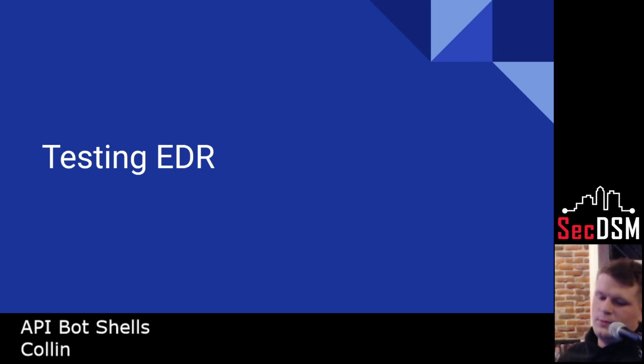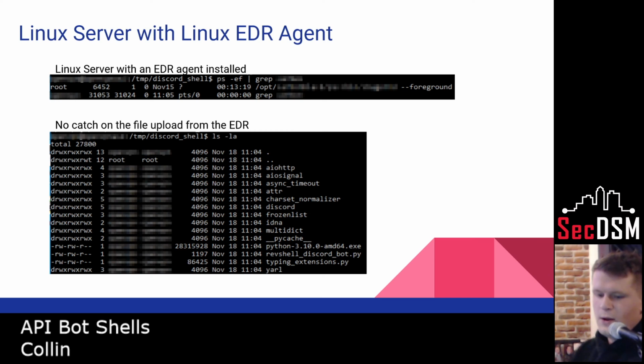So I wanted to take it a step further and test it against some EDR. I won't name who, but I think they're a great tool. It's nothing against them. I think this is just an interesting, unique situation. But it was a Linux server with the EDR agent installed. The top picture there is just proving the process is running. The bottom picture is showing that the files are uploaded on the box.